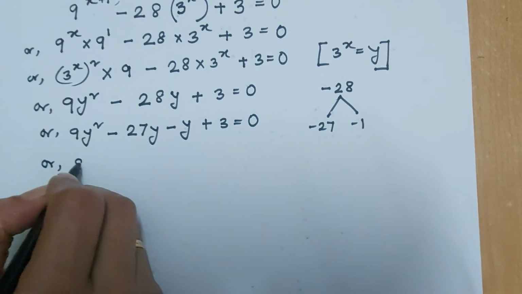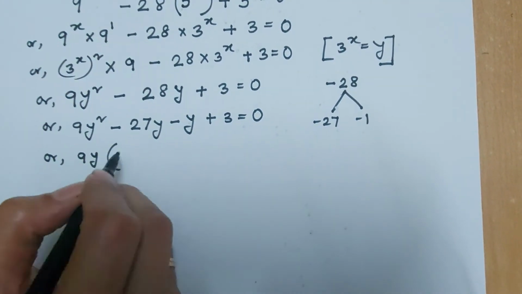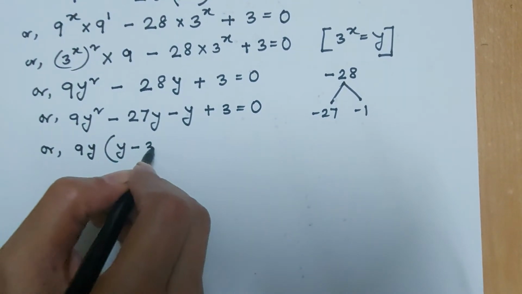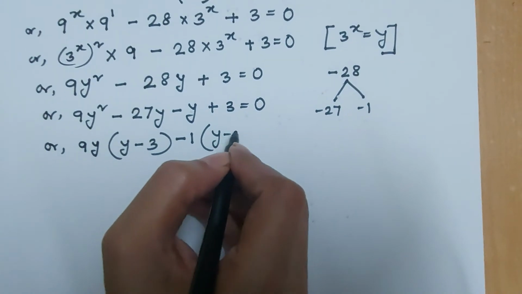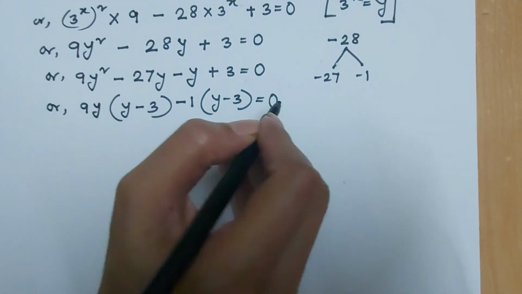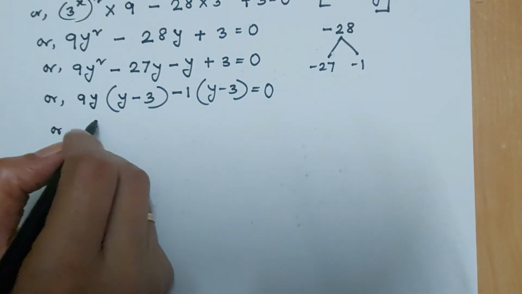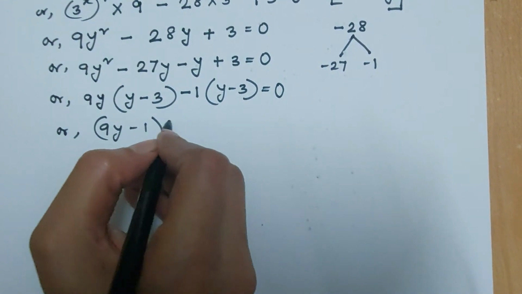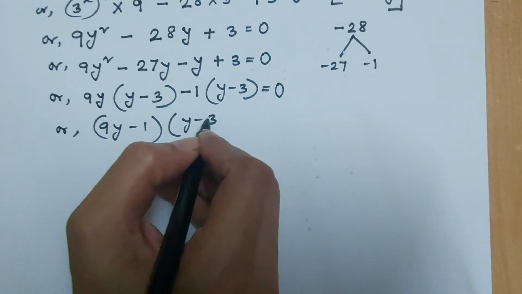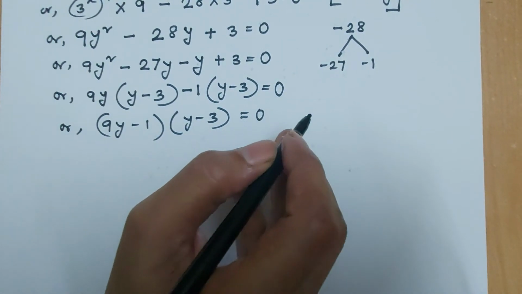And now 9y common, y minus 3, minus 1 common, y minus 3 equal to 0. And now it is 9y minus 1 into y minus 3 equal to 0.